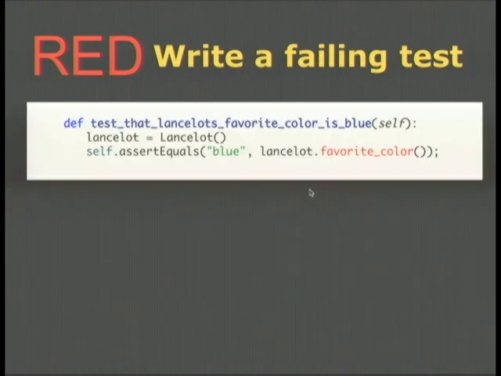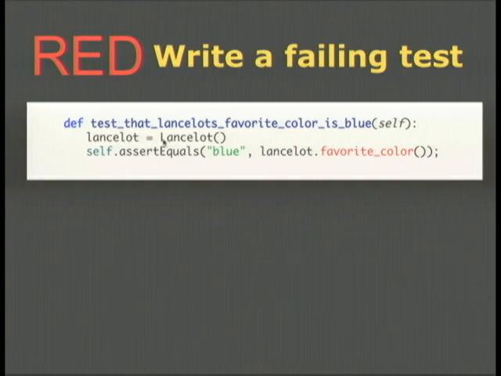I'll start by writing a little test using unittest. Unittest is built into Python, so it's great for the example. You can tell it starts off with test underscore, which is something unittest tends to prefer you start with.